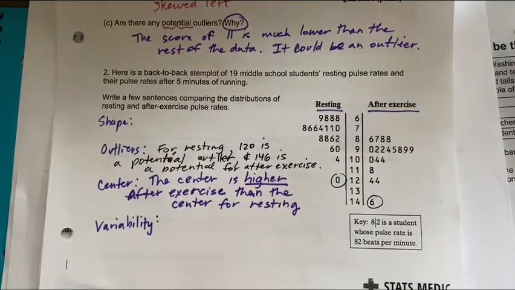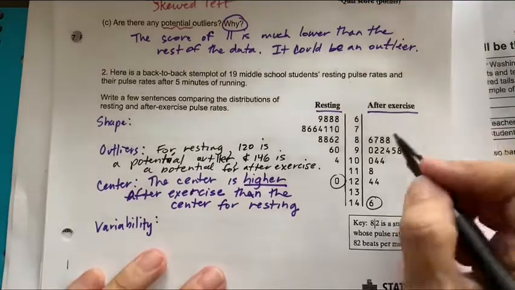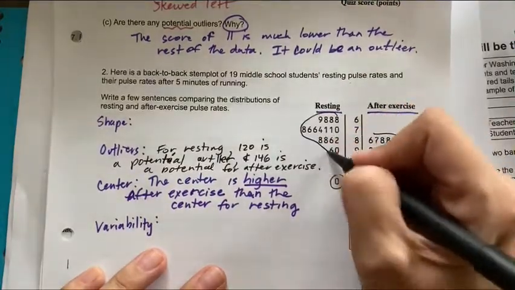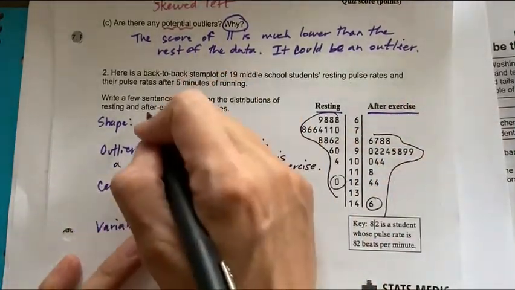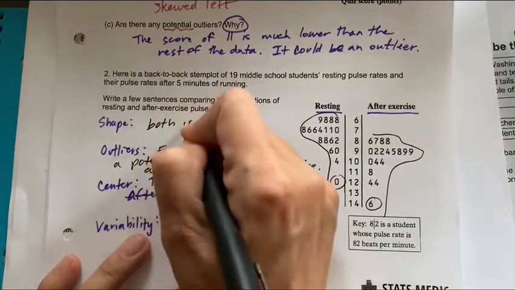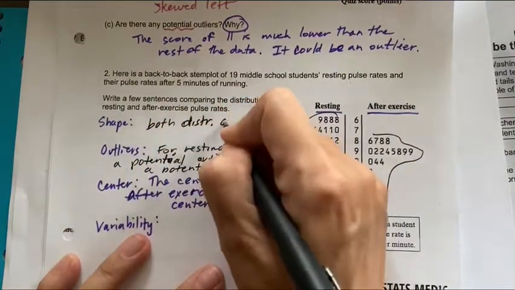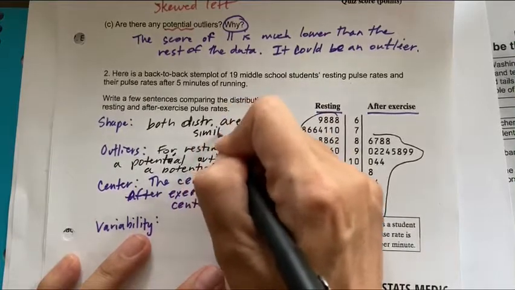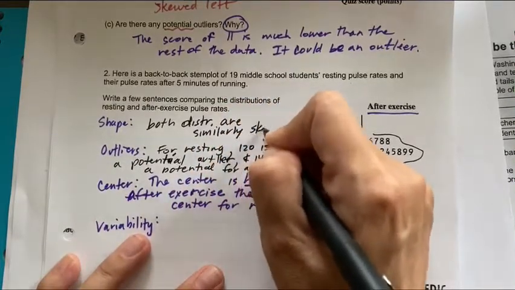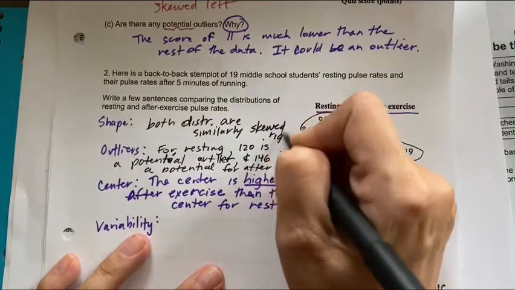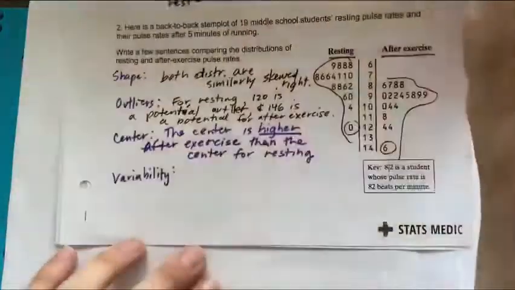Right? Shape. It looks as though they're both similarly skewed, right? So it's the same people. Both distributions are similarly skewed right. And last but not least, variability.